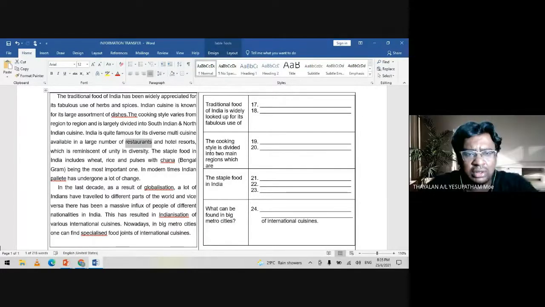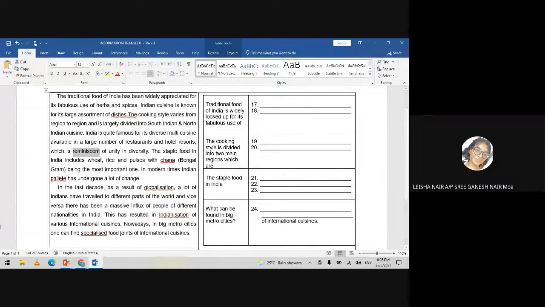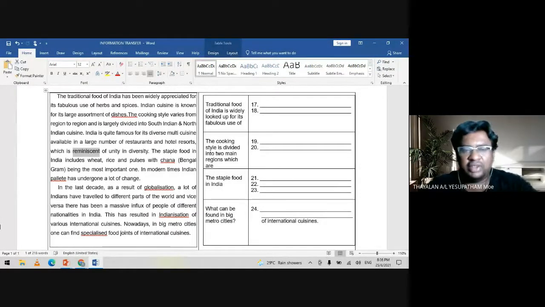Shailendran. Is it restaurant? Shailendran, very good. Yes, it is restaurant. Restaurants. Okay. All right. This one. Reminiscent. Very good. Okay.